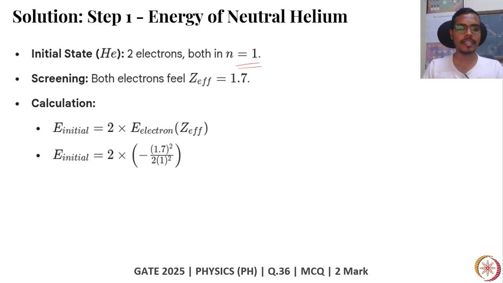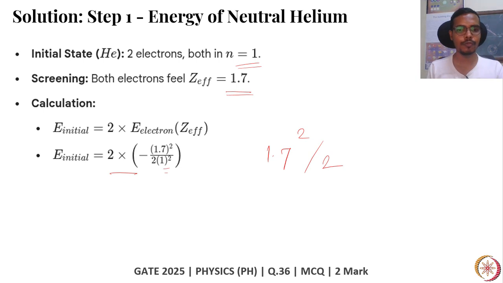Using the Z effective, which is 1.7, the energy of each electron is simply 1.7 squared over 2. And since there are 2 electrons, the total energy of the neutral atom is 2 times 1.7 squared divided by 2. So n is 1.